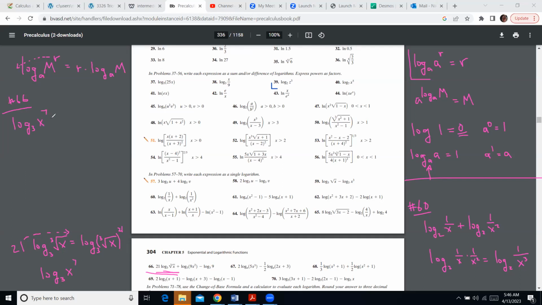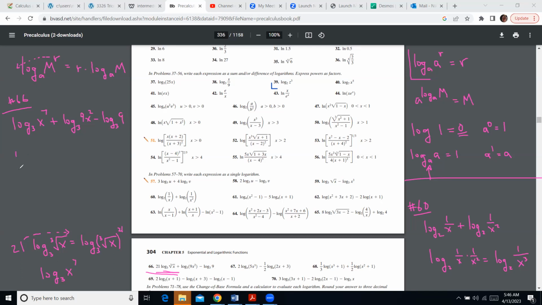I just simplified that a little bit, plus another logarithm base 3, and this is taken of 9x to the 2nd. Then we subtract from this another logarithm of base 3 that we take of 9.